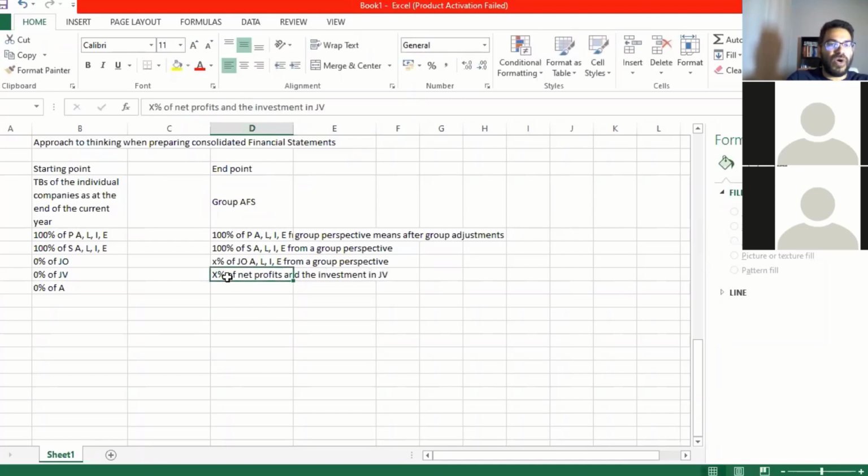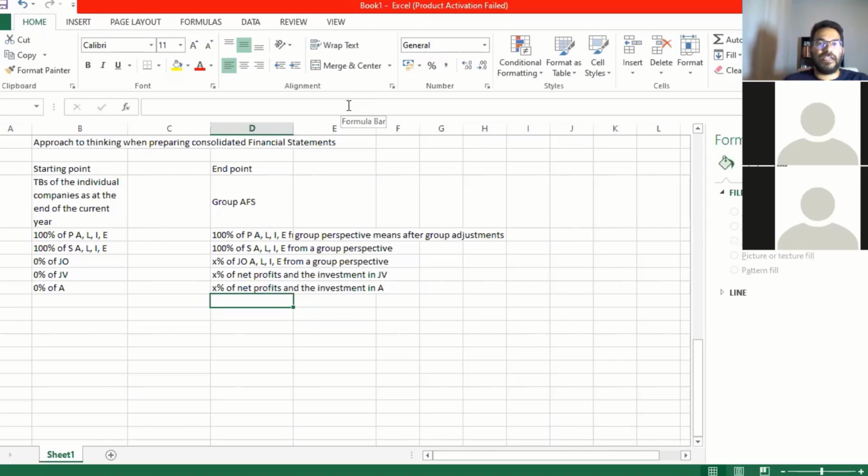Similarly, for an associate, we're going to bring in our percentage of net profits and the investment in associate. So from an income statement point of view, what we bring on is simply earnings from associate, earnings from joint venture, other comprehensive income from associate, other comprehensive income from joint venture. All we want from a balance sheet perspective is investment in joint venture, investment in associate.